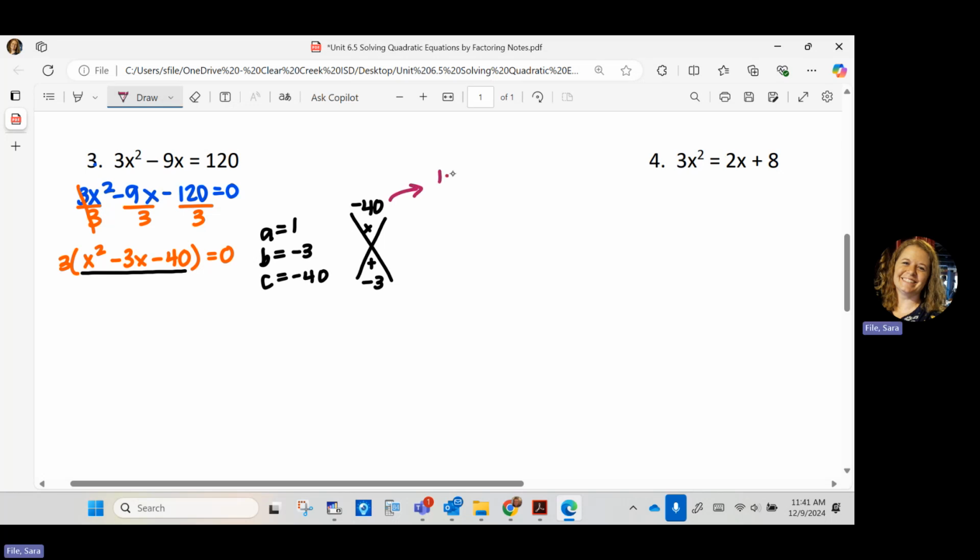So it could be 1 and -40, -1 and +40, could be 2 and 20, could be 4 and 10, could be 8 and 5.